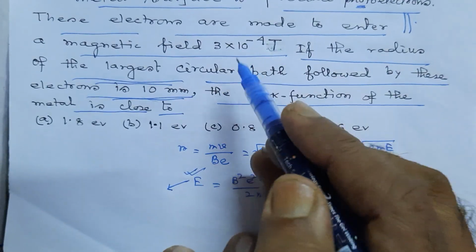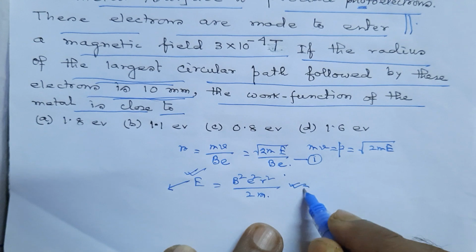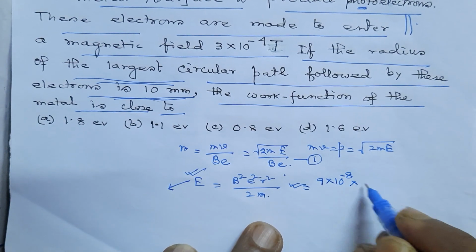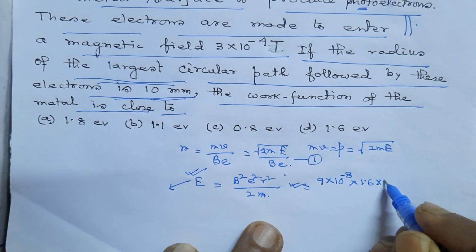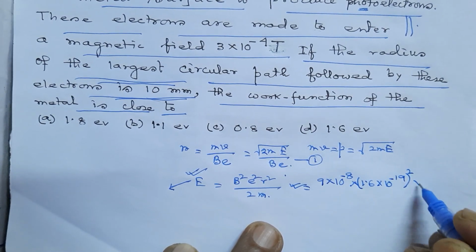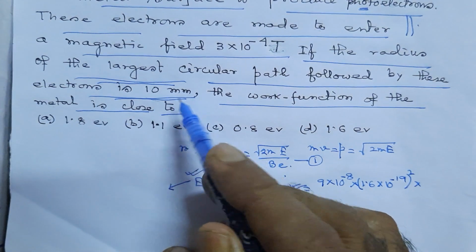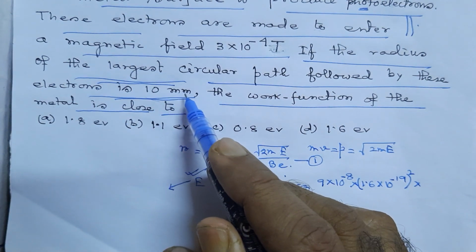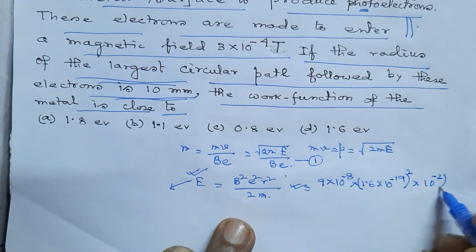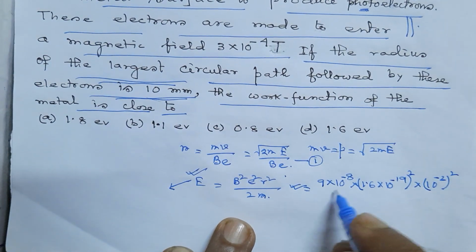Here B is 3 into 10 to the power minus 4 Tesla, so B square is 9 into 10 to the power minus 8. e is, all you know, 1.6 into 10 to the power minus 19, whole square, into r, which is 10 millimeter. 1 millimeter equals 10 to the power minus 3 meter, so 10 millimeter equals 10 to the power minus 2 meter, whole square, divided by 2m.